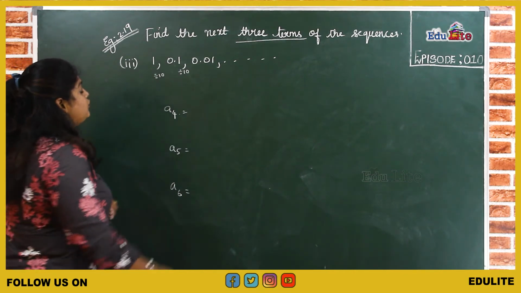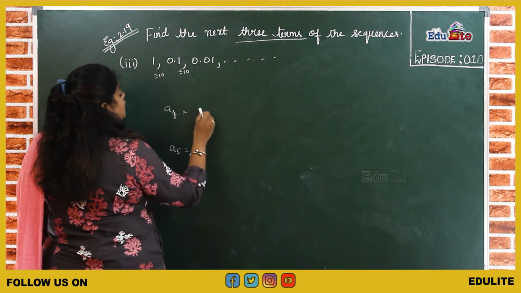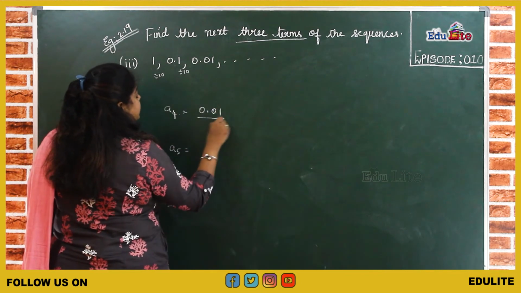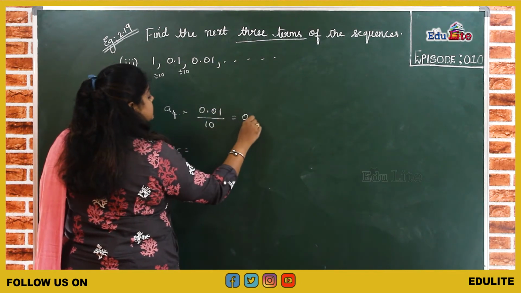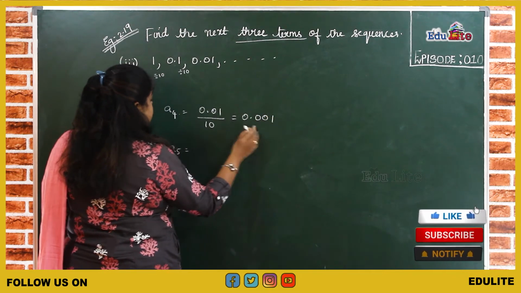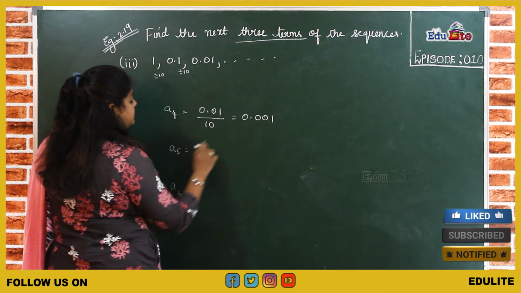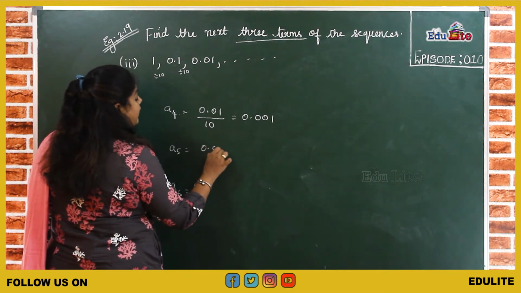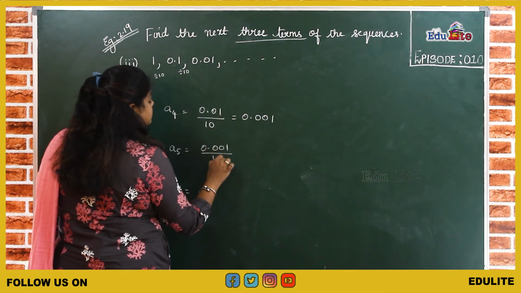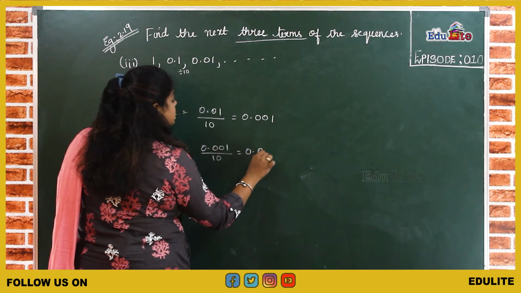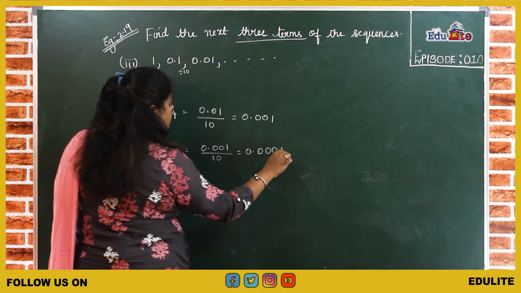Now what we have to do is 0.01 divided by 10. What will it give? 0.001. So this is the fourth term. To find the fifth term, the fourth term must be divided by 10. So 0.001 by 10 will give me 0.0001.